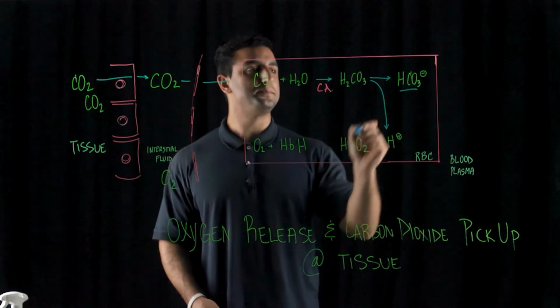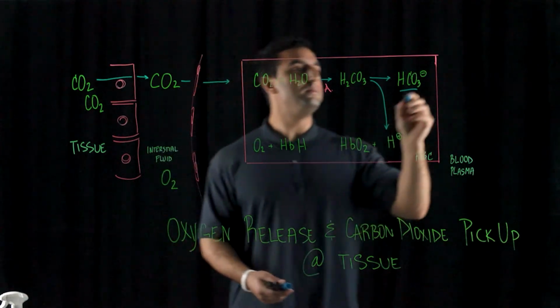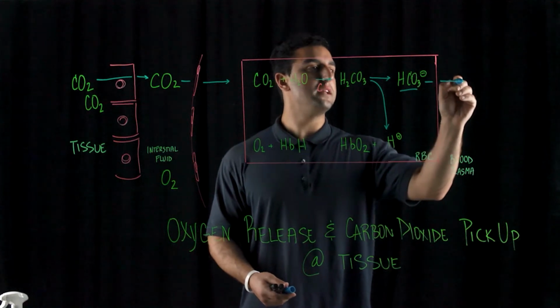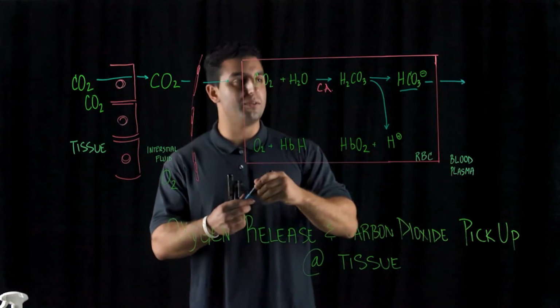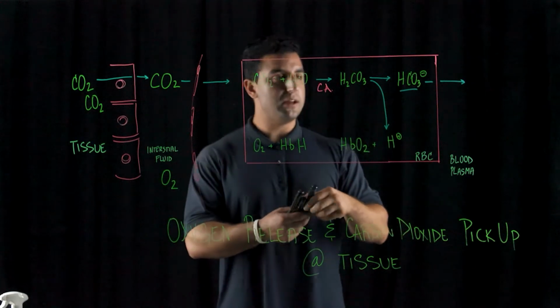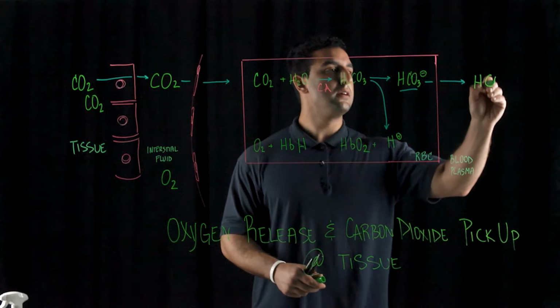This is bicarbonate. Bicarbonate then diffuses outwards into the blood plasma where it dissolves. It has a negative charge and is a polar molecule, so it dissolves there. And so now you have bicarbonate outside in the blood plasma.